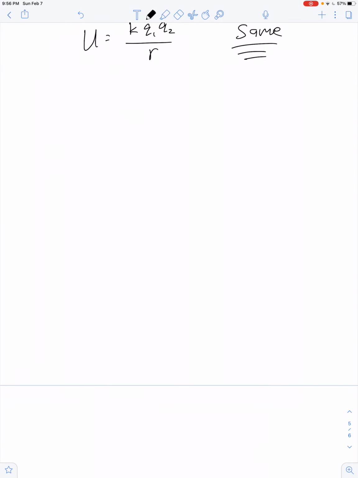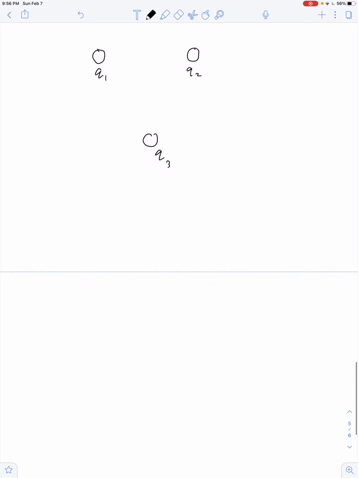Okay, well, what if we have 1, 2, 3 charges, Q1, Q2, and Q3, and I want to find how much work it takes to move some other charge, which is Q without any subscript, from a point infinitely far away to this point P. Well, I can say that work done by a conservative force is equal to negative the change in potential energy.